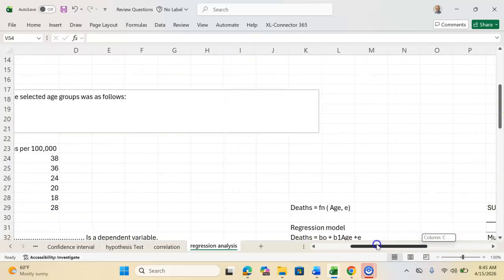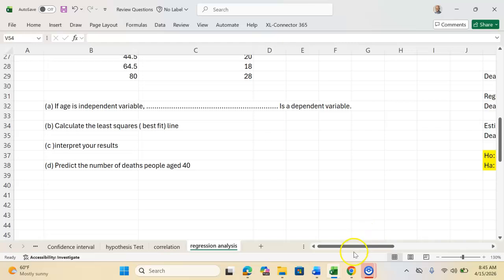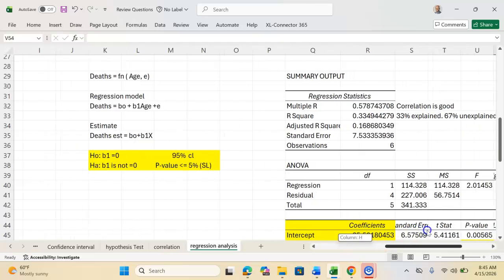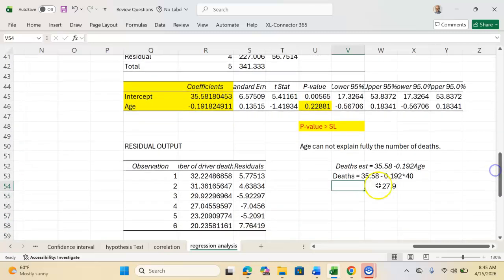Let's see if we have that age here. Oh, we don't have 40, but we have 44.5, and the estimated number of deaths for this group is 20. And we made an estimation for the number of deaths based on our regression equation.